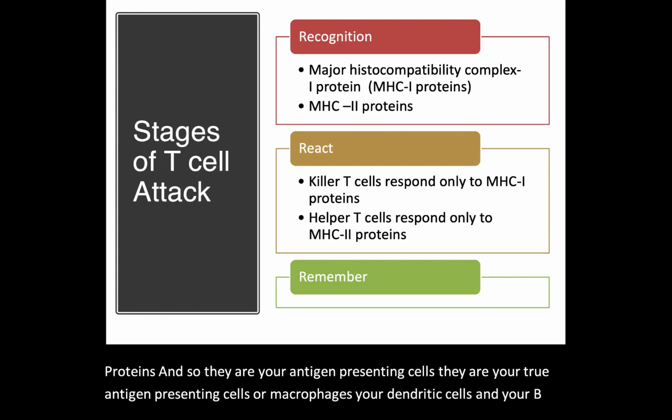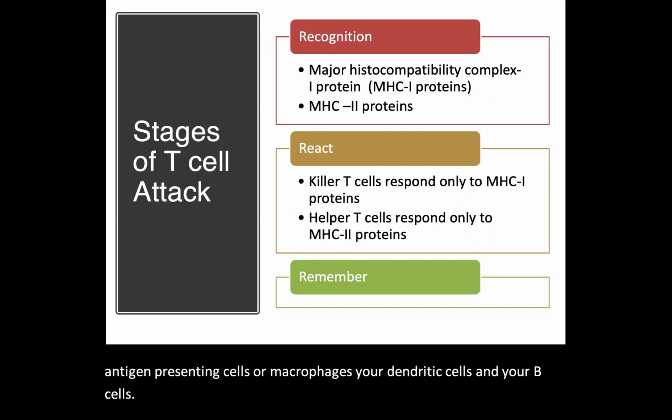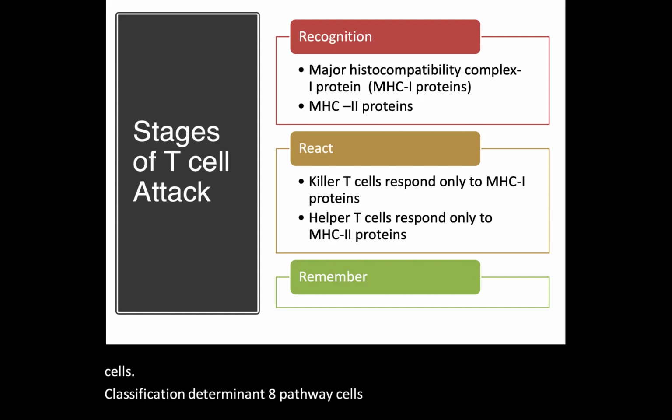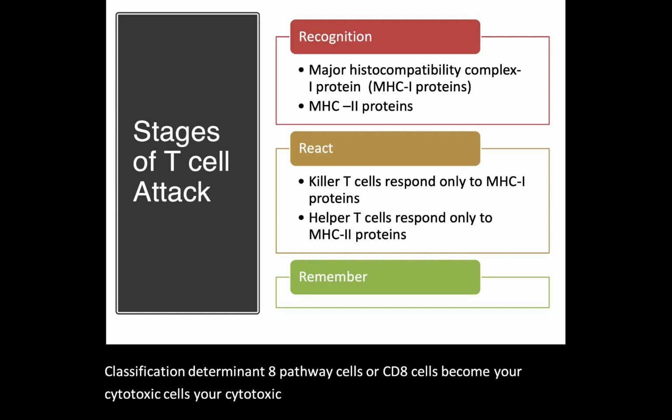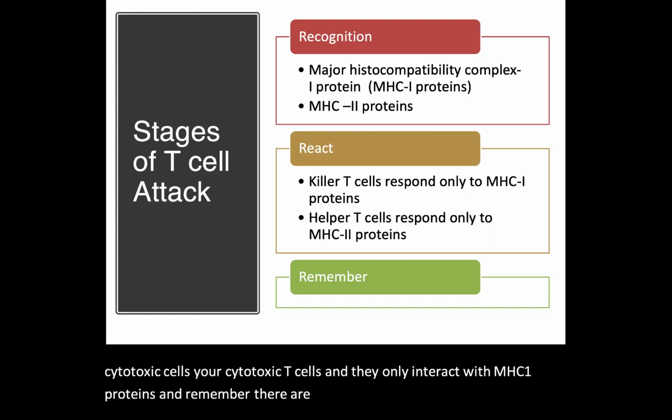Classification determinant 8 pathway cells, or CD8 cells, become your cytotoxic T cells. And they only interact with MHC1 proteins. And remember, they're the cells that are going to give that direct lethal hit.